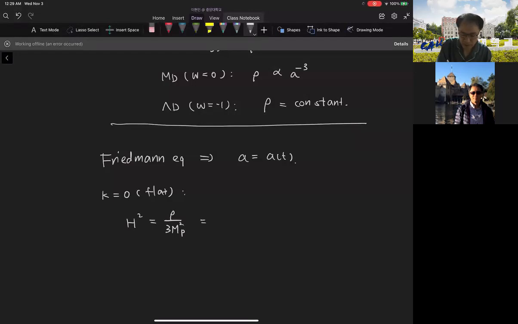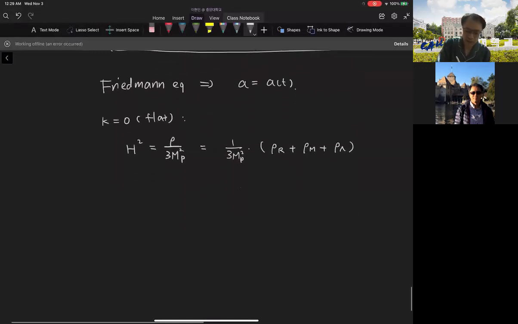Of course, the total energy density rho is the sum of the radiation, matter and the vacuum energy in general.